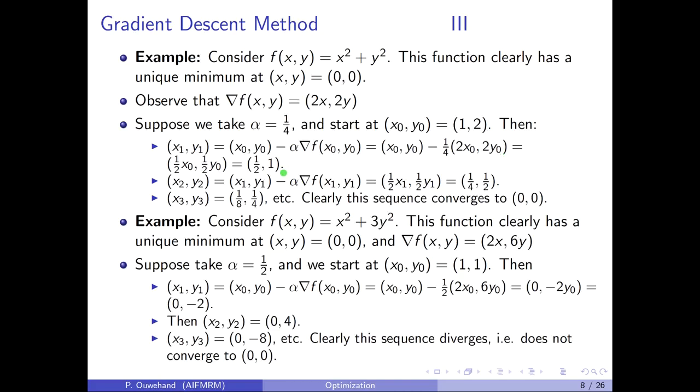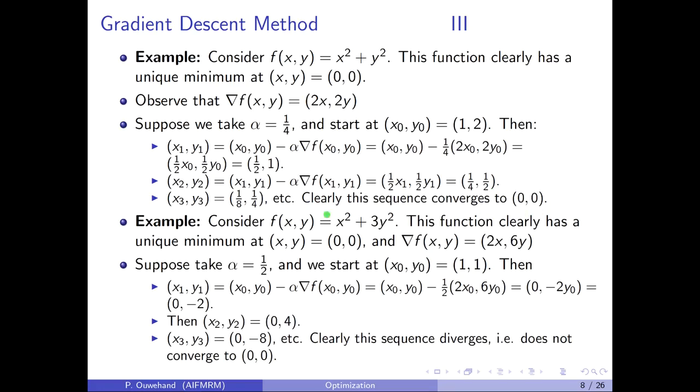We then apply the same method to the point a half, 1 and obtain a new point x2, y2, which is simply x1, y1 minus alpha times the gradient at x1, y1, and that will turn out to be a quarter, half. Similarly, you can verify that x3, y3 is equal to an eighth, a quarter, etc. And clearly this sequence is going to converge to 0, 0, the correct solution.